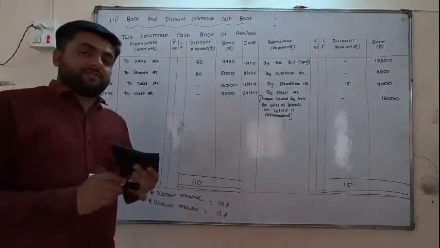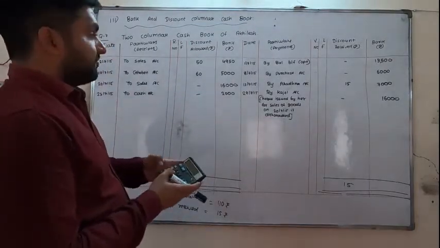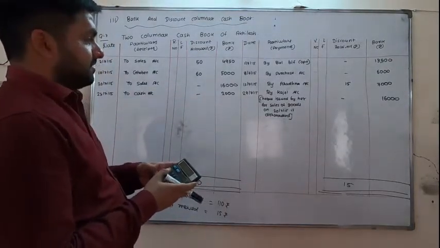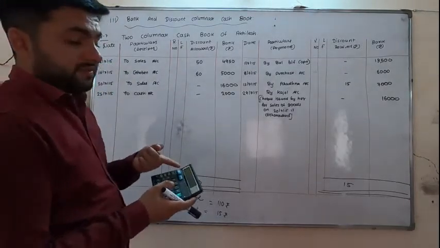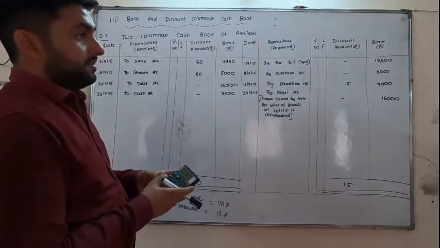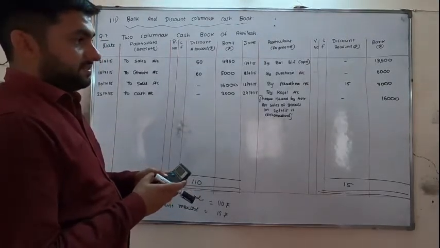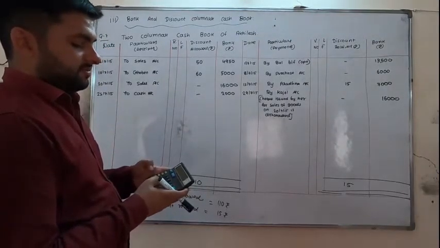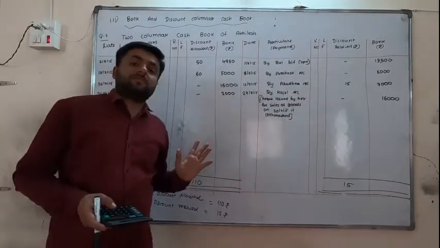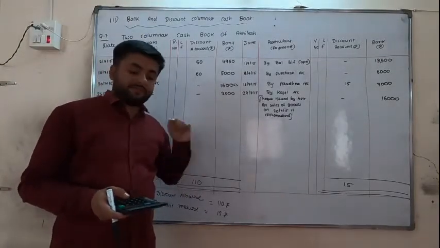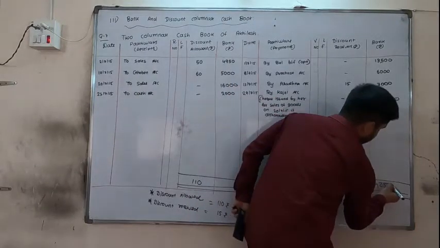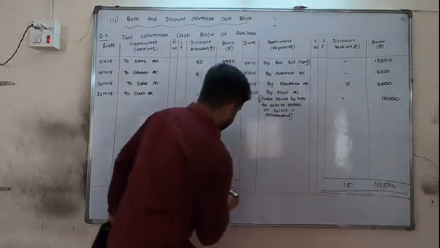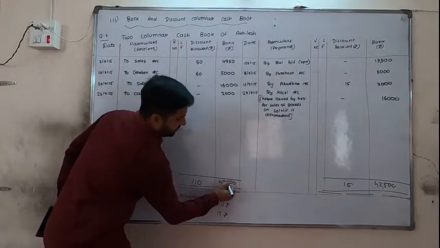Now we have to check. 4,950, 5,000, 16,000, 2,000. It's 27,950. 13,500, 6,000, 16,000. Credit side is more. Credit side is 42,500. So credit side is more. So let's write the credit side 42,500. Same total we are bringing, 42,500.